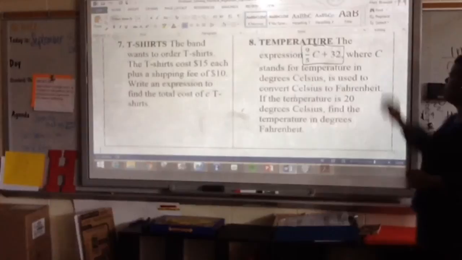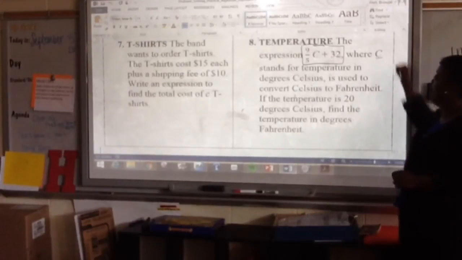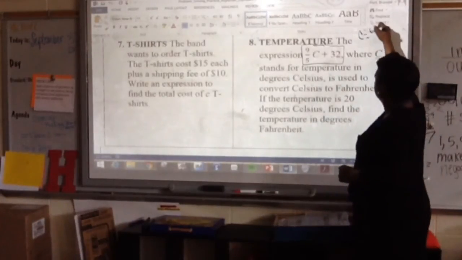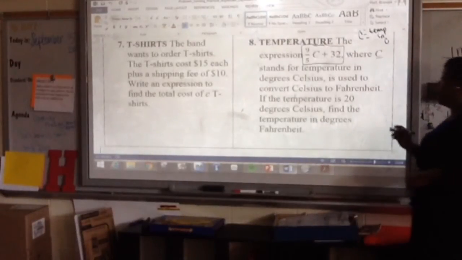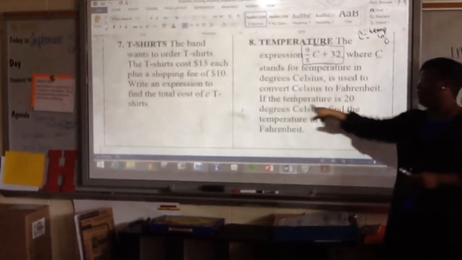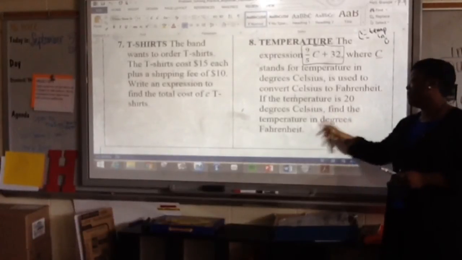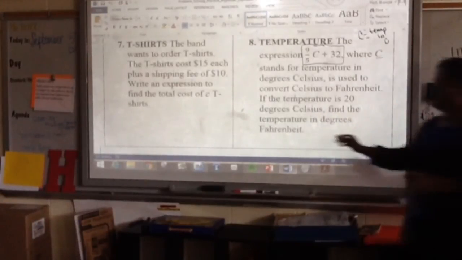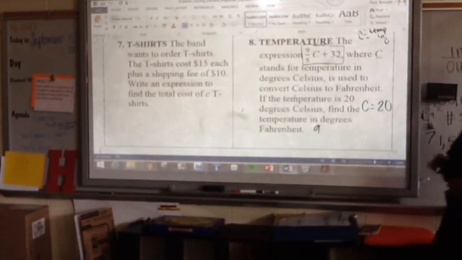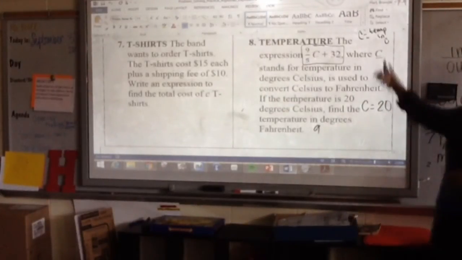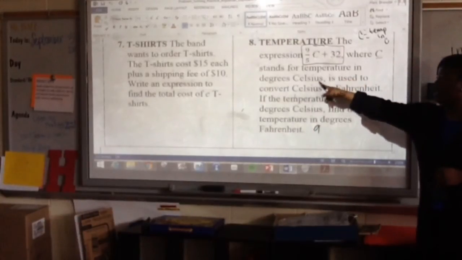Multiplication. Alright, it tells you C stands for the temperature in Celsius. They're telling me if the temperature is 20 degrees Celsius, so C is equal to 20. Does everybody see how C is equal to 20? Because it told you that it was the temperature in Celsius.